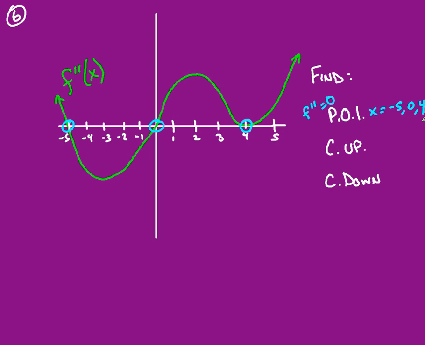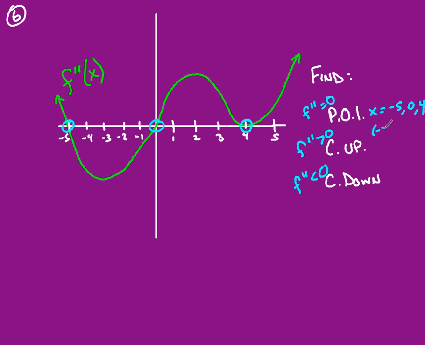Okay? Concave up and concave down. Well, that means that the second derivative is bigger than 0 for concave up, it's positive, and the second derivative is less than 0, or negative, for concave down. And again, the picture that I'm given is of the second derivative. That means that I just need to look, when am I above the x-axis? That means that this graph, the second derivative, is positive.